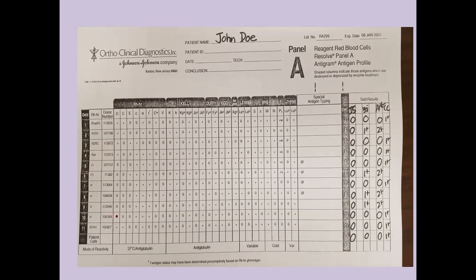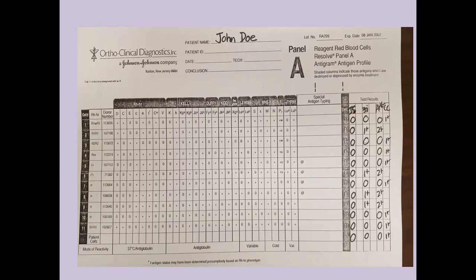We can tell by the little r's that they lack D antigen. Anything with capital R is D positive, including 11. So if anyone ever says, I want to run an Rh negative select panel, get me some cells, you'd have to look at the antigram and find the ones that are little r, that lack the D antigen.